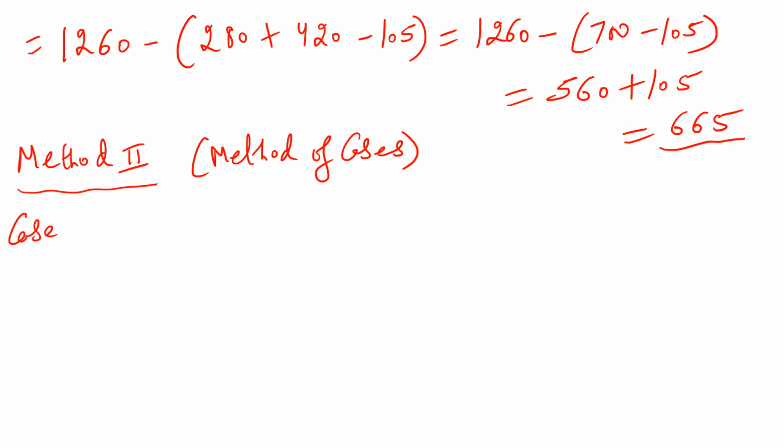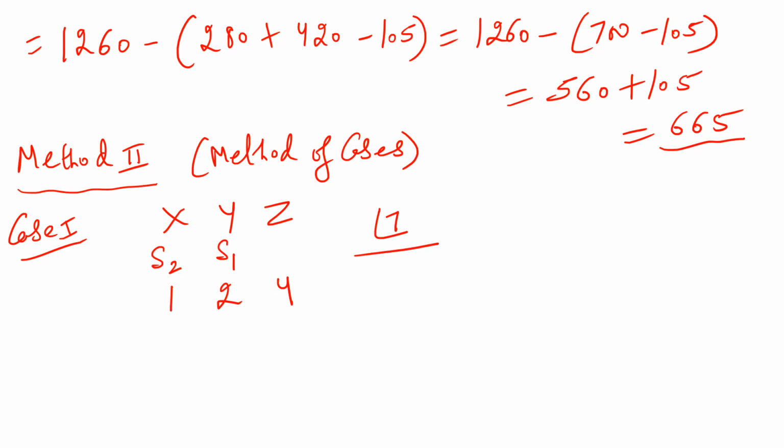This is the first case: S2 belongs to team X, S1 belongs to team Y. Now X requires 1 more student, Y requires 2 more students, and Z requires 4 more students. So this distribution can be done in 7 factorial upon 1 factorial into 2 factorial into 4 factorial ways. Right? And when you simplify this, it comes as 105.